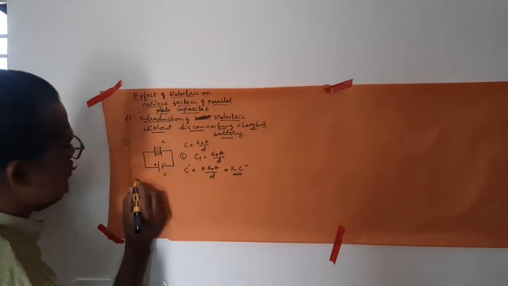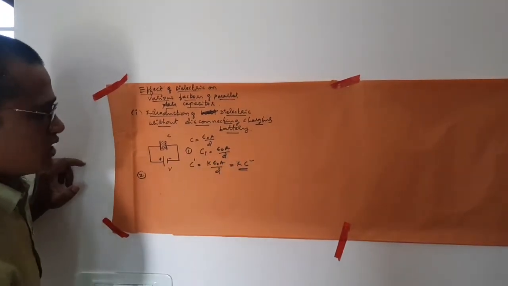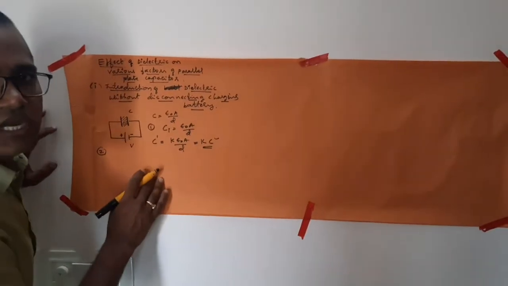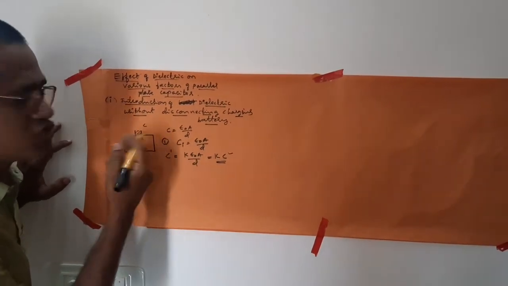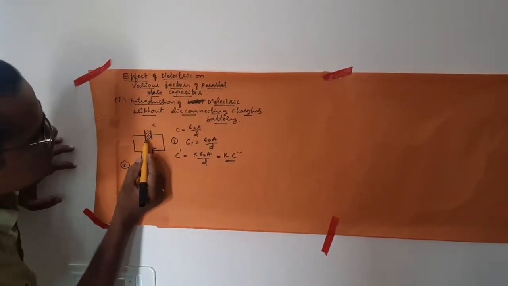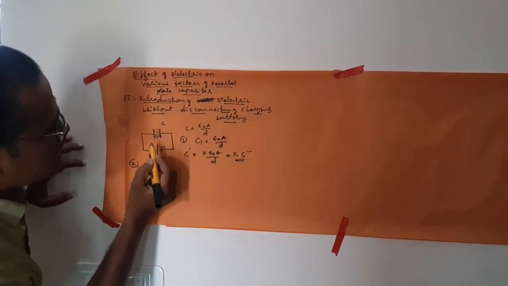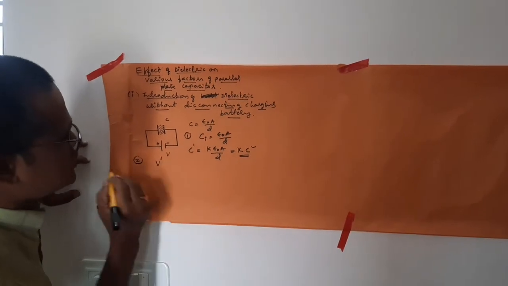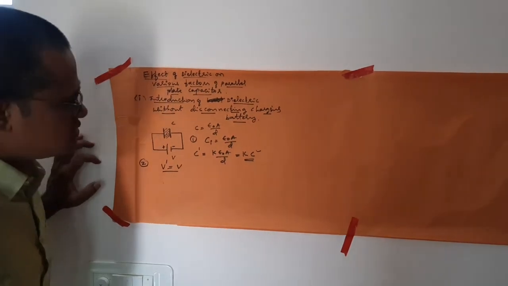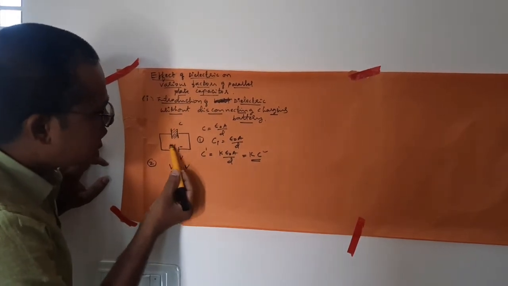Now the second one. What will happen to its voltage? Let me go to the voltage, the potential difference. Before introducing the dielectric, the potential difference across the capacitor is, let's say, V. After putting the dielectric, let this be V dash, it will be equal to V. There is no change in the potential difference, because whatever changes may happen in the capacitor, the battery is here.